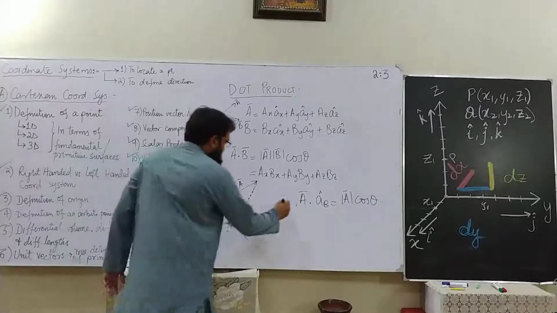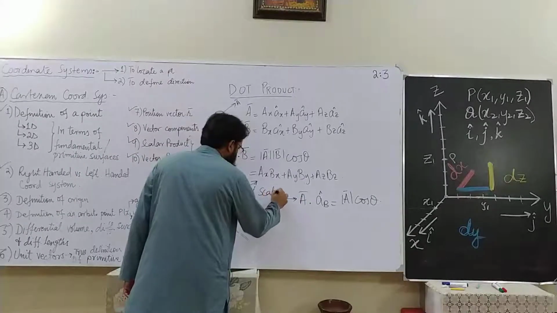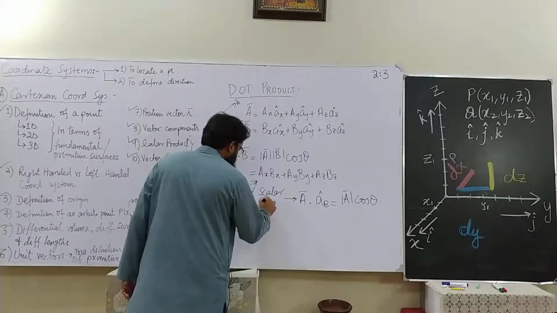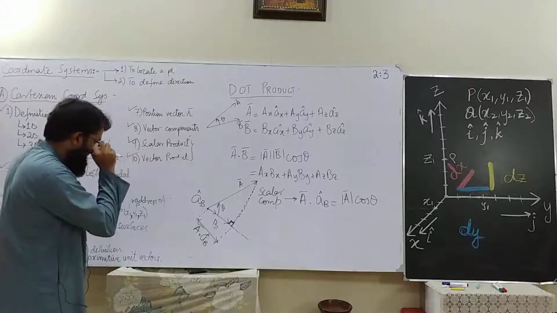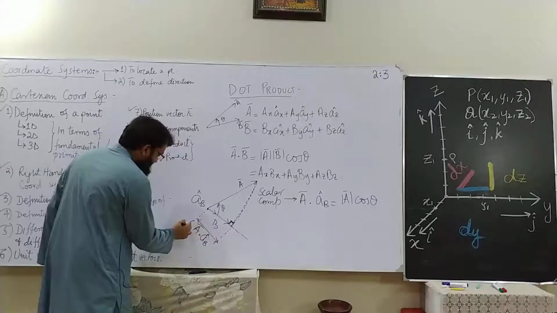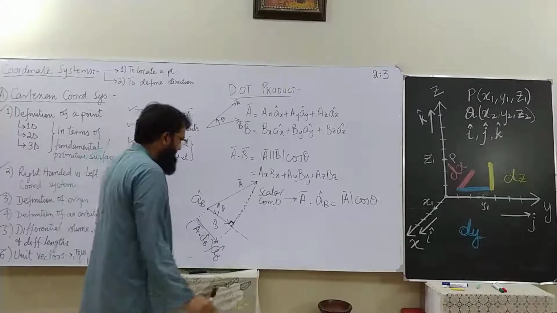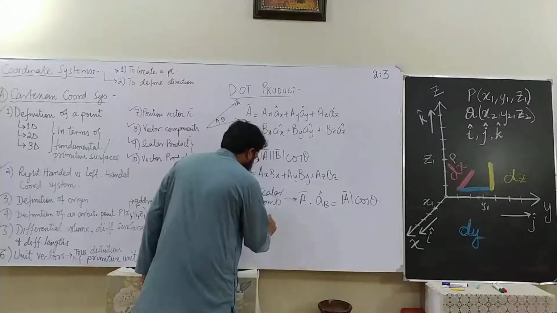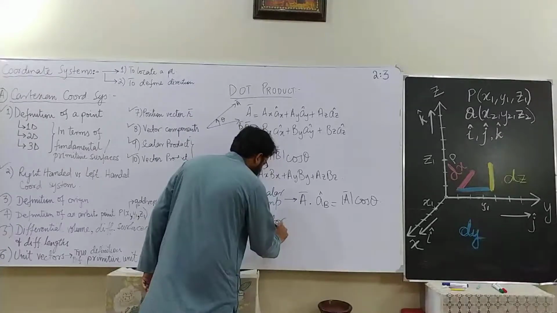So this is the scalar component, because it will end up in a scalar quantity, that is the length of the projection. If I just multiply this by the unit vector again, I'll get the vector component, but this time the multiplication is simple multiplication.